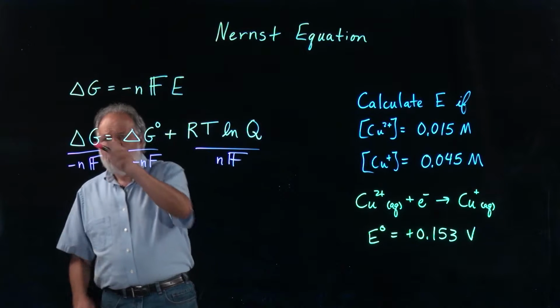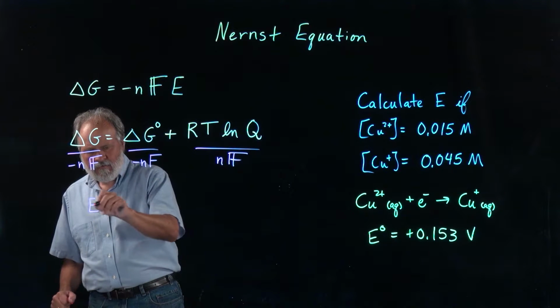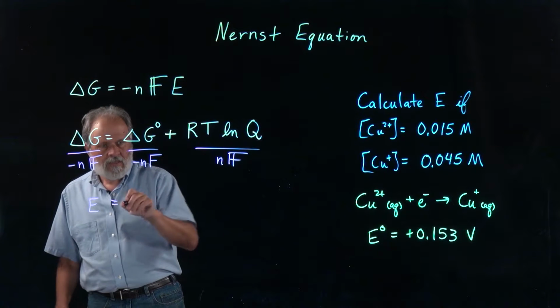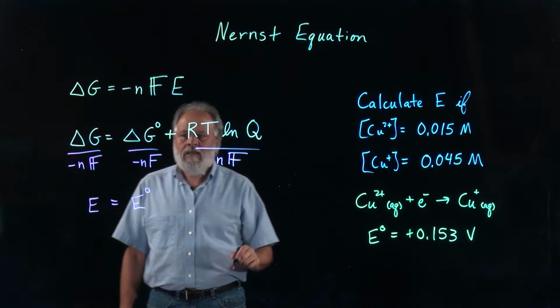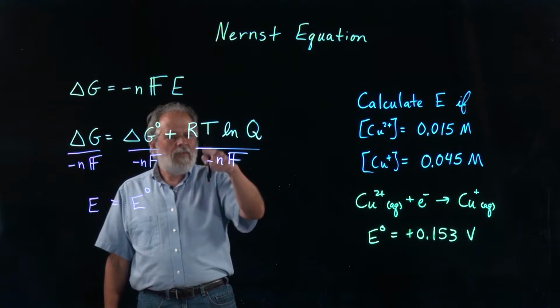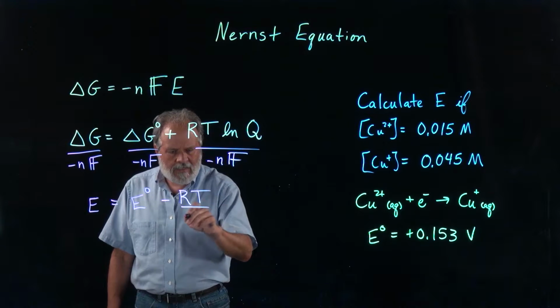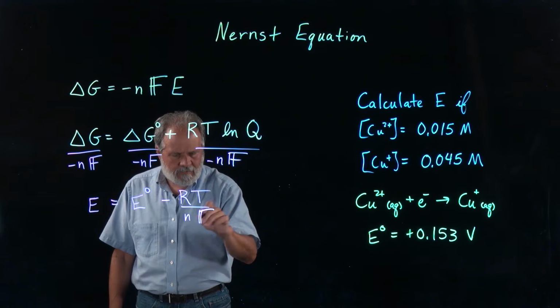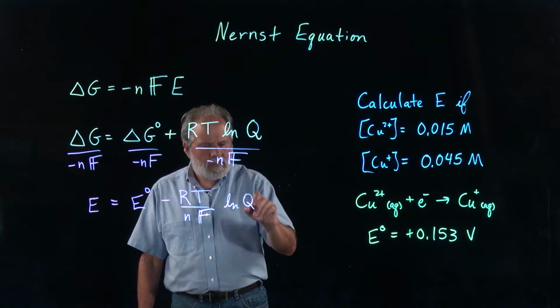Delta G over minus NF is just E, the voltage. This is the standard voltage, E naught, and this will be minus RT over N times Faraday's constant times the natural log of Q.